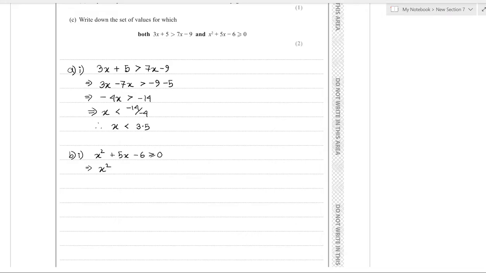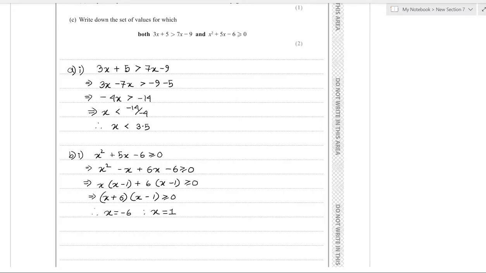So it will be 6 and 1, so it will be x square minus x plus 6x minus 6 greater than or equal to 0. And if you take x common, it will be x minus 1 plus 6, x minus 1 again, greater than or equal to 0, and you have x plus 6 and x minus 1 greater than or equal to 0. You will have a value for x as minus 6 and a value for x as positive 1.